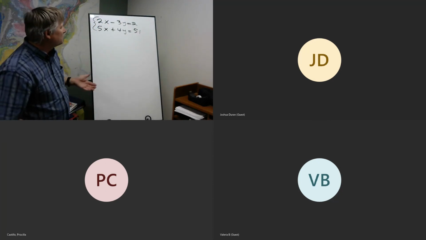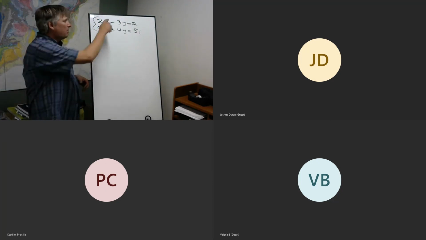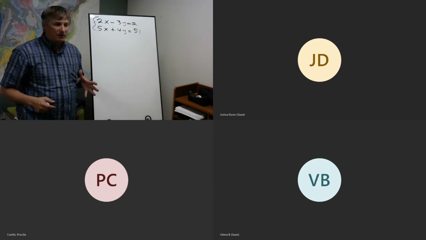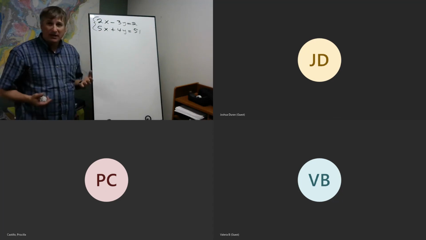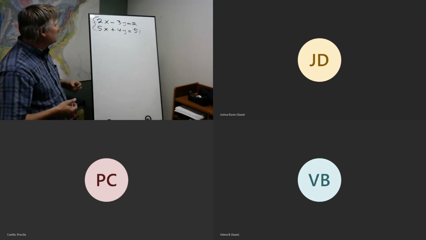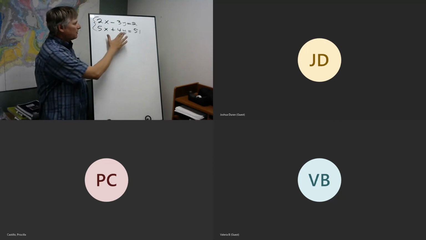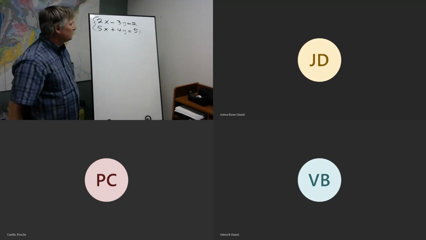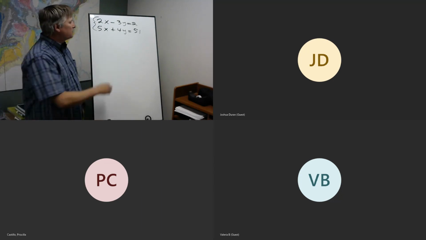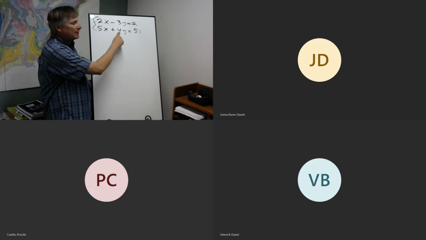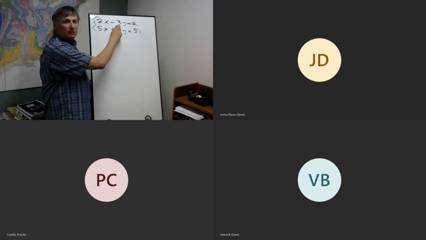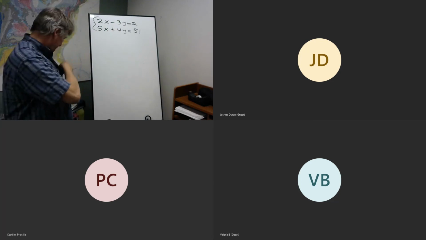So sometimes you want to multiply both equations by different numbers that will force a cancellation. So let's say we want to cancel the y's. Well, what if we turn 4 into positive 12 and negative 3 into negative 12?